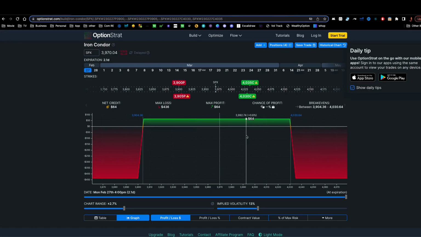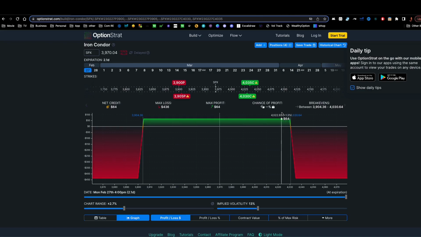If we can identify those points, we can lessen our risk, because we can make our iron condor even wider than if we just plop the iron condor down at some point in the market and expose ourselves on one side or the other, because we know the market's probably going to trend upwards or trend downwards at some point. And if we plop an iron condor down when the market is at a low point and it rebounds, it's going to endanger the other side, the top side of our iron condor.